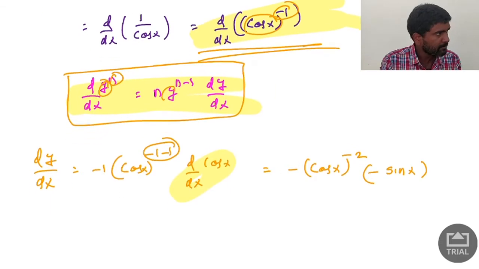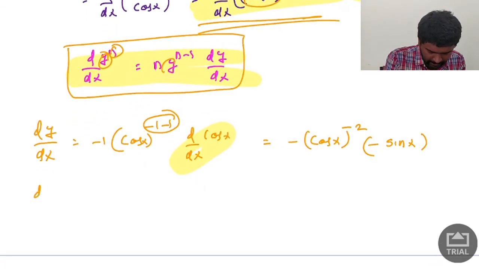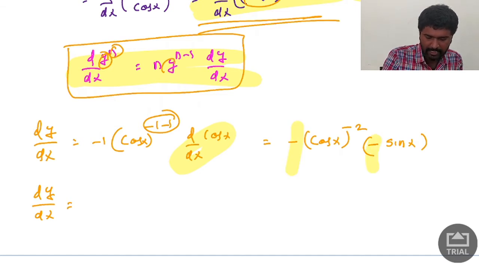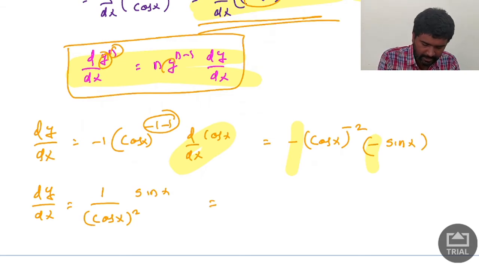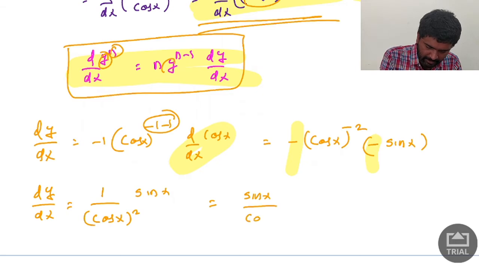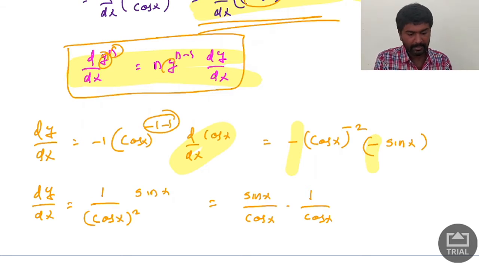So now dy by dx equals, there is a minus and there is one more minus. If you multiply, you get plus. Then cosine x whole power minus 2 can be written as 1 by cosine x whole square, and you have sin x. Let us rewrite this as sin x by cos x into 1 by cos x. There is one cos x here and one cos x there, you get cos square x, and sin x is common.